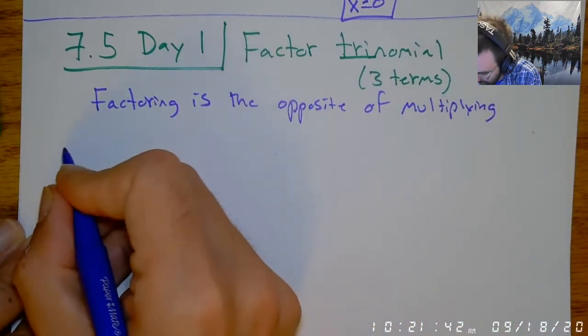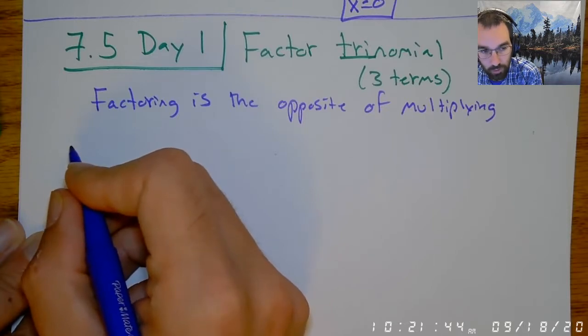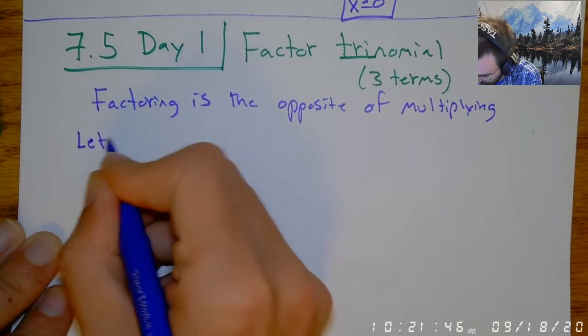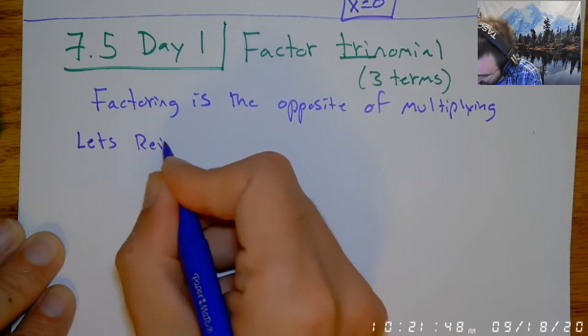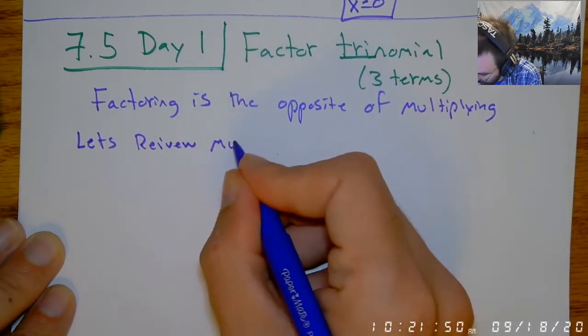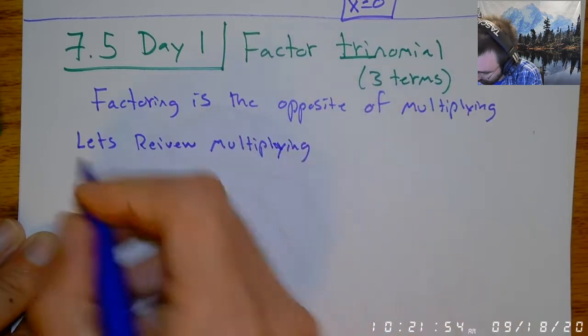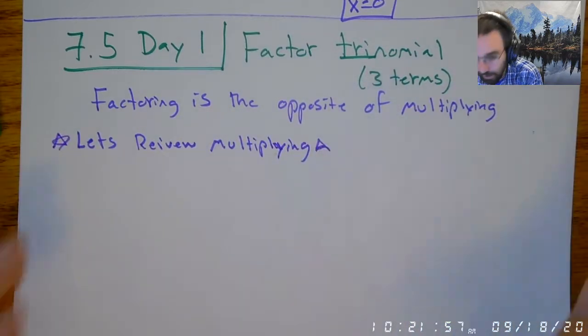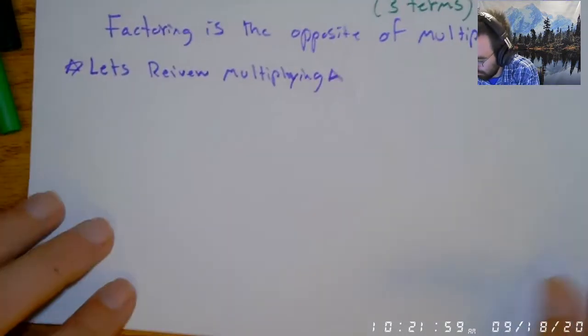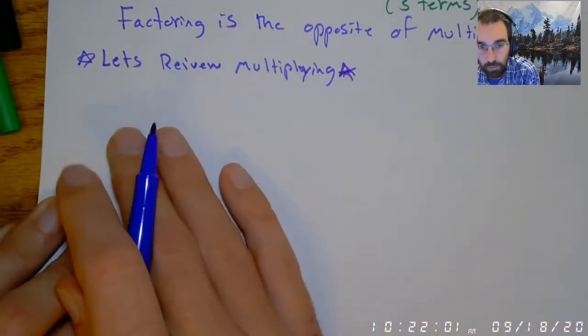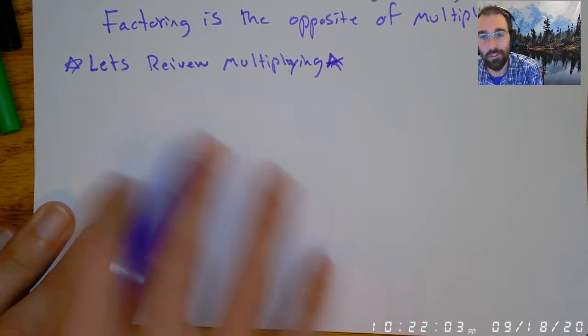So to start, let's go back to old school and review multiplying. Make sure you pay attention because we're going to do it forwards, but then we have to do it backwards.